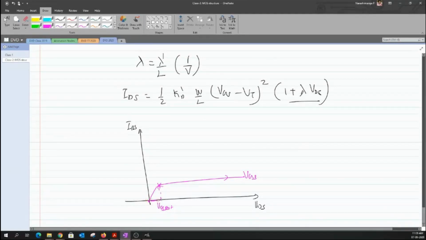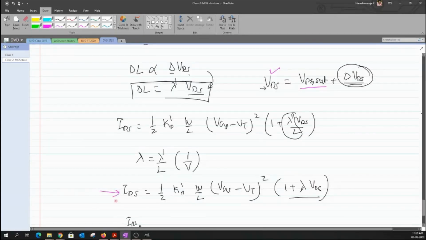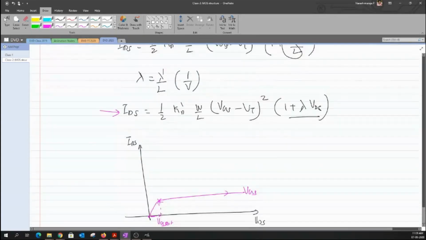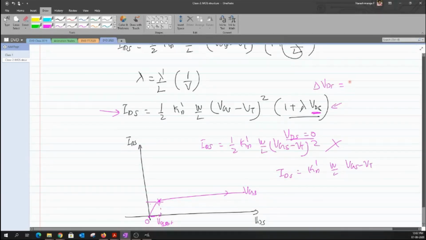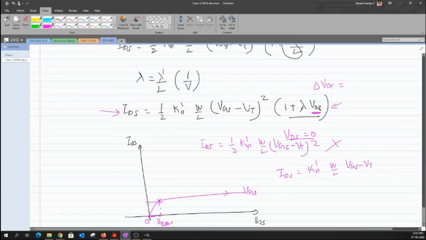So there is a kind of offset that is being introduced, because all of the current is not plotted right from the value of 0 on the VDS scale, but the saturation current is actually plotted after the value of VDS sat. During the computation, I have to consider it as delta VDS, but while plotting, I utilize VDS, because the value of VDS that I have to deal with is not just delta VDS.